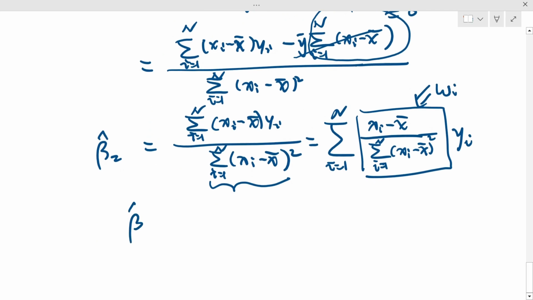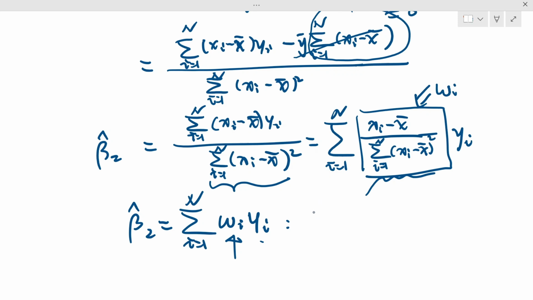So now we have quite a nice interpretation of this estimator beta hat 2. The sum of w i times y i is a weighted sum of y, where the weight w depends on x, of course. So now we see that beta 2 hat is a linear function of y, the dependent variable. So in this case, we call beta 2 hat a linear estimator.